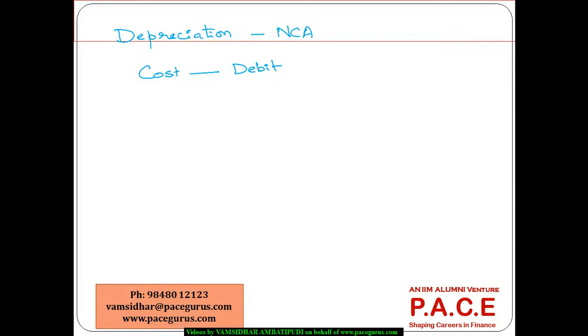But the accumulated depreciation, whatever depreciation has been done till date, we would show as a part of the credit. The net asset, which is the subtraction of these two, still goes as a part of the debit. That is one simple thing that we really need to be comfortable with.